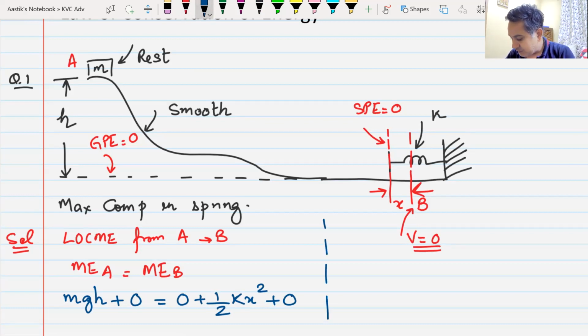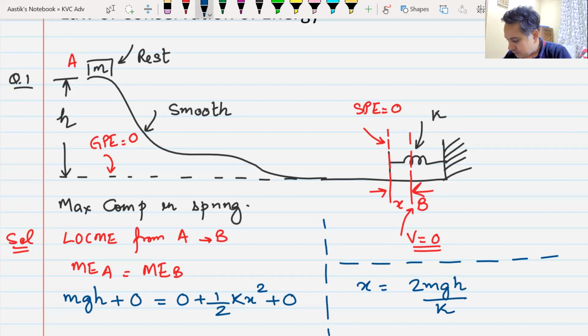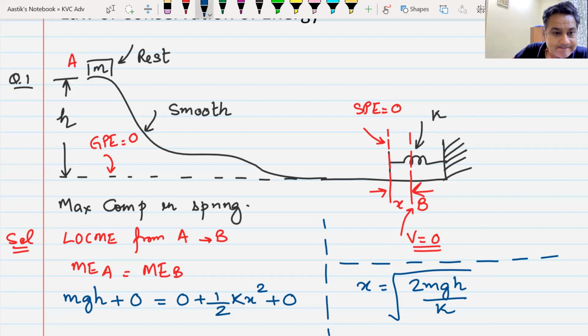This is a simple equation that can be solved. From there you can get the value of x as 2mgh by k, and you take the under root of the entire thing. Do we understand this? Yes, sir.